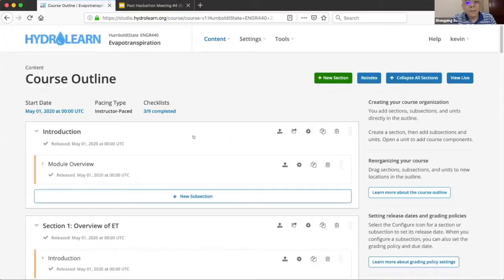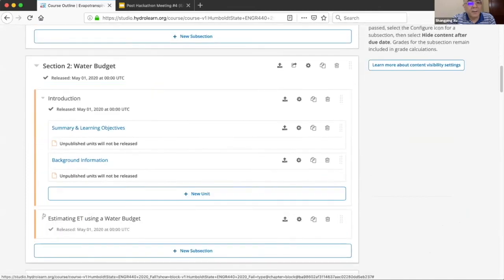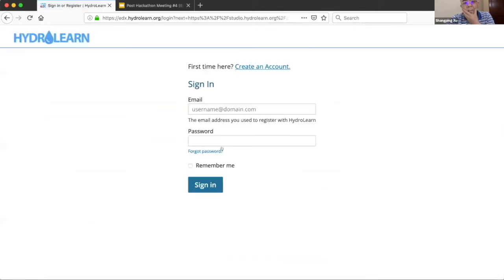It doesn't allow me to. Oh, here, yes. This was the water budget. We have the water budget and the background and things like that. We have the Lake Michigan one, just because, oops, it logged me out very quickly.